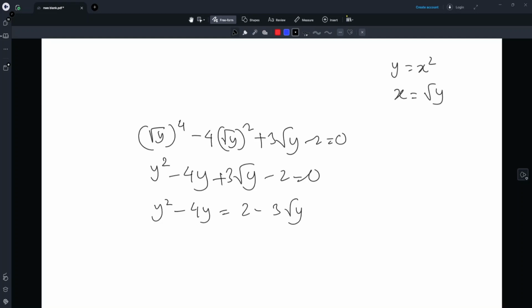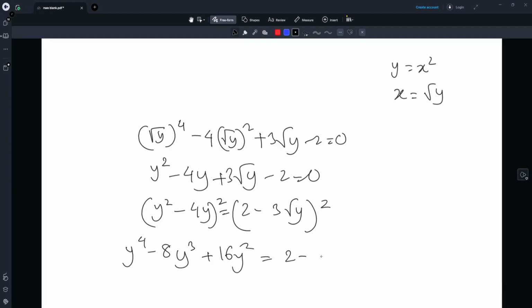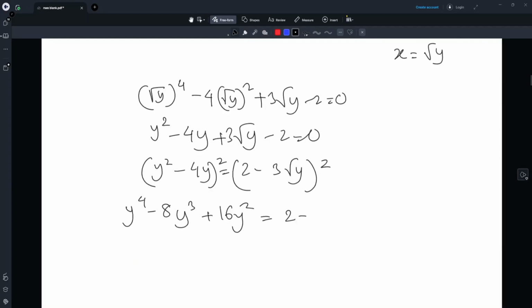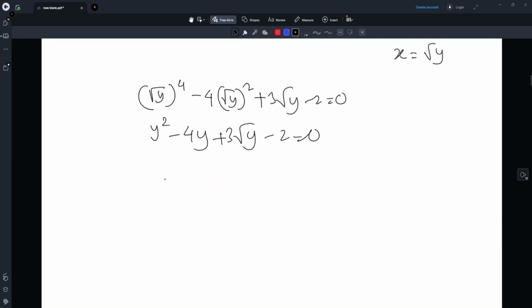Now we can just do squaring both sides. I feel like this is not going to work that way. So instead of sending this little guy to the other side, I'm going to send it like this: y squared minus 4y minus 2, whole squared, equals 9y squared.